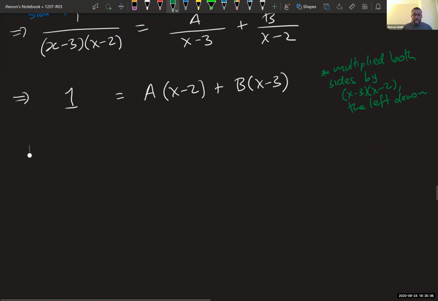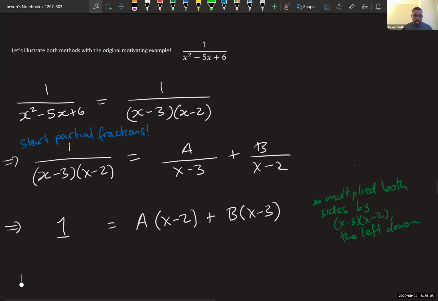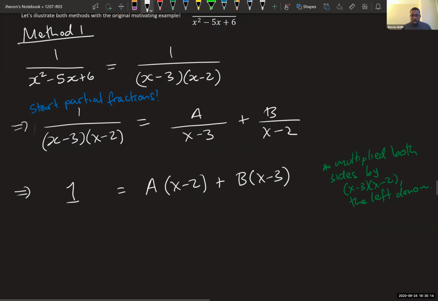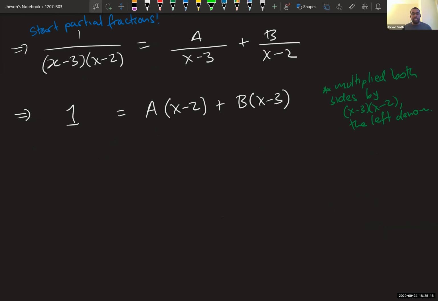Okay, now once you do this, let me highlight the fact that I'm doing method 1 here. I can plug in convenient x values, right? Convenient x values just mean x values that are going to help me solve for the A and B. Can you think of any convenient x values here? 2 and 3. 2 and 3 are super convenient.